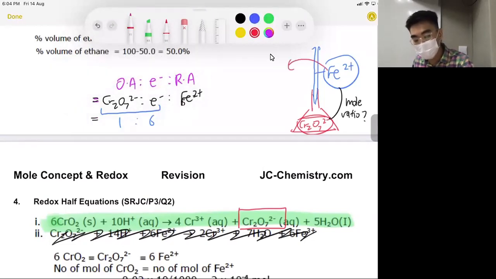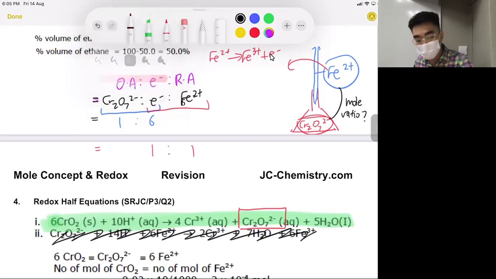During this reaction, iron will be oxidized to Fe3+. So the equation for iron is Fe2+ goes to Fe3+ plus an electron. So this ratio between iron and electrons is 1:1. Are we okay so far?